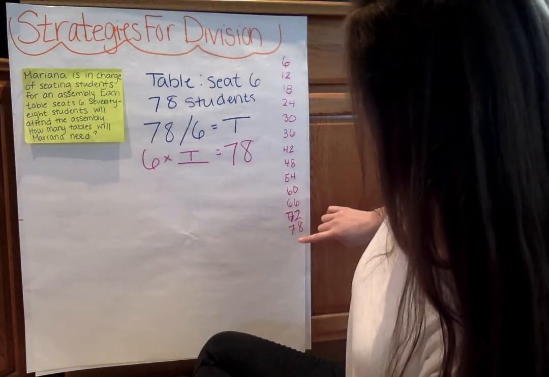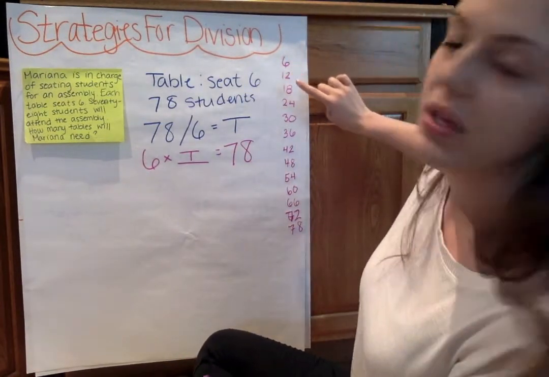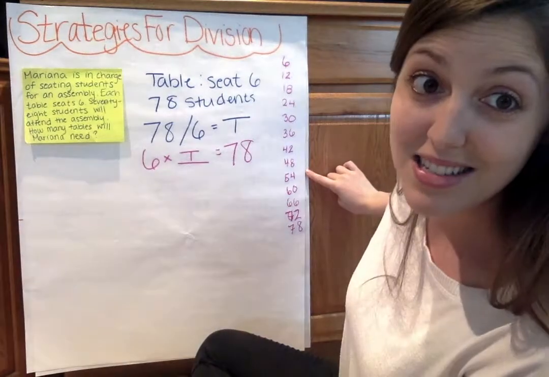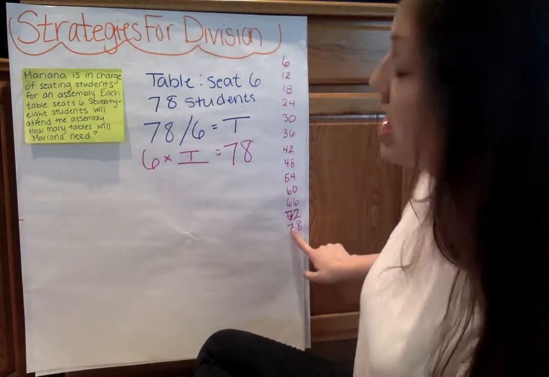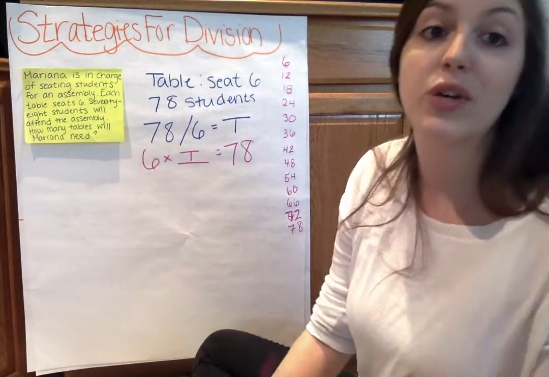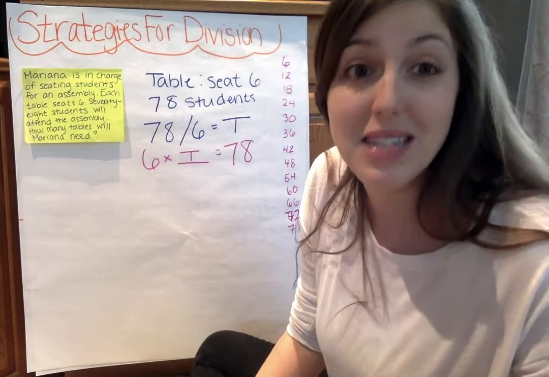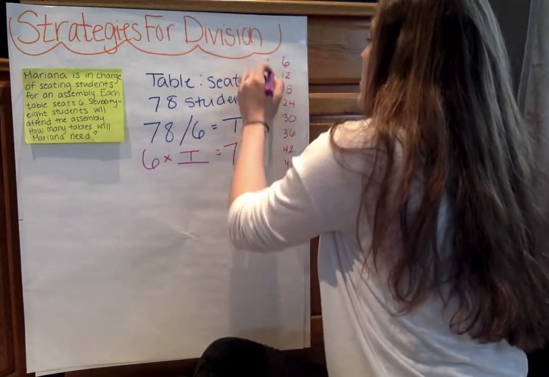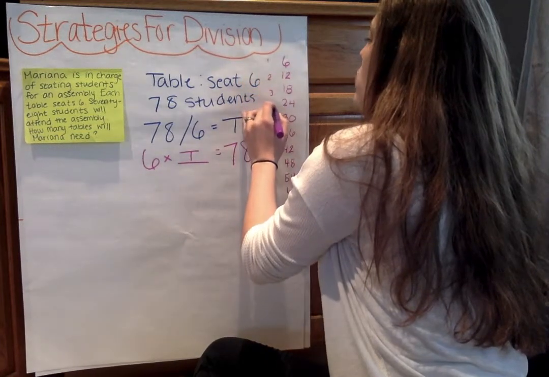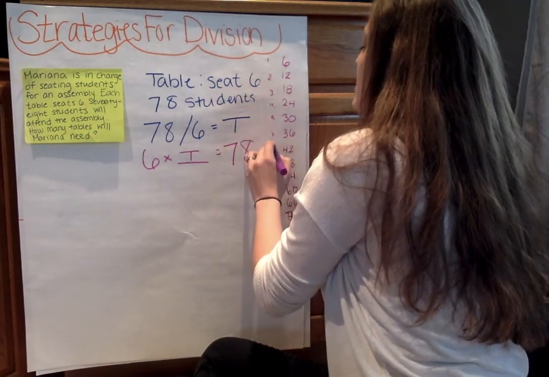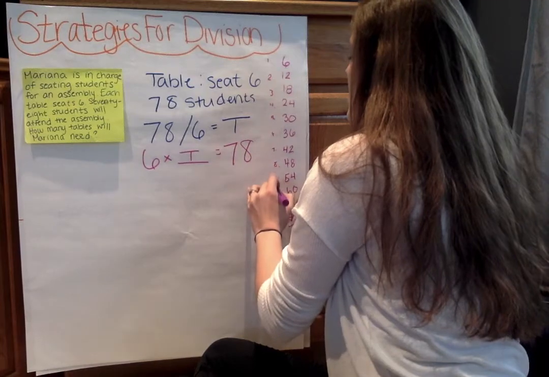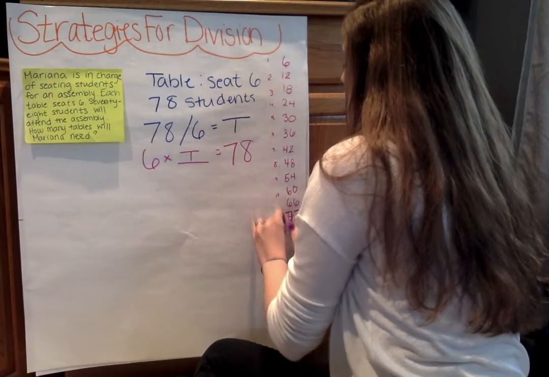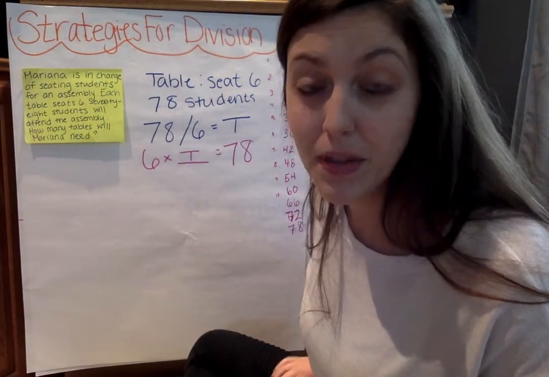When I skip counted by 6s, I kept on going until I got to 78. So now I need to figure out how many times did I skip count to get to 78? So let's count it. 1, 2, 3, 4, 5, 6, 7, 8, 9, 10, 11, 12, 13.